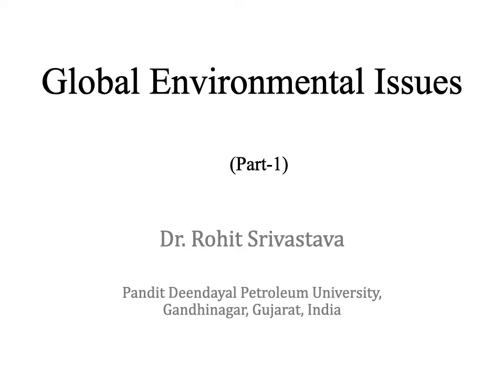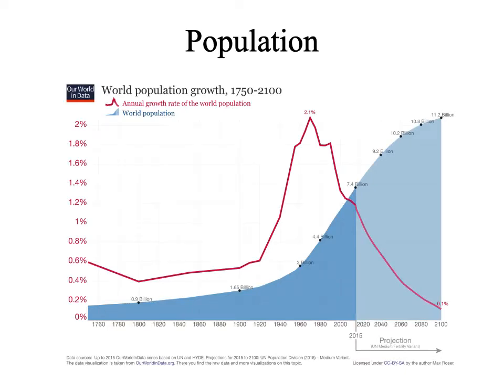So, the first environmental issue is global population. Though it is not an environmental issue, it is behind every environmental issue. As per the UN, the plots show that the population is growing.